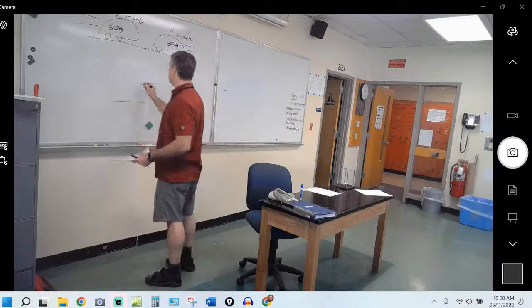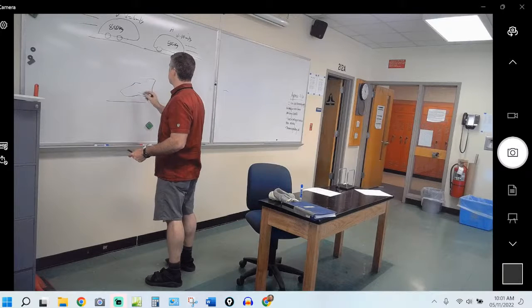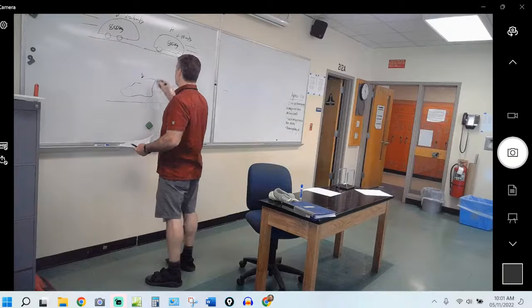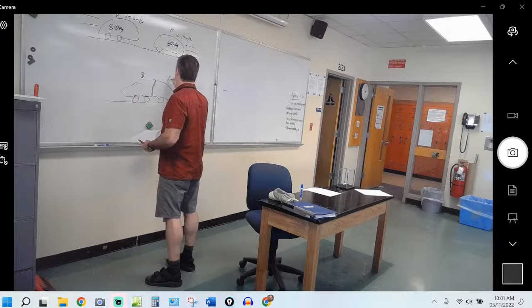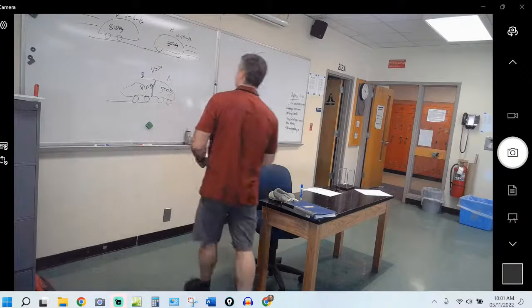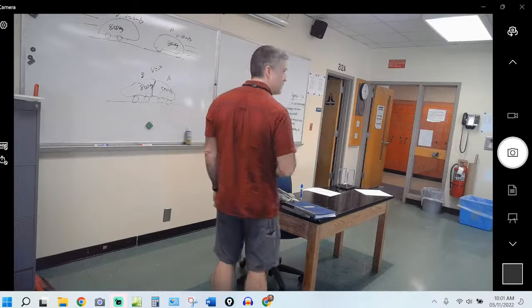And then they're going to stick together. So this is car B after the collision, and this is A after the collision, and they're all messed up. Still 500, it's still 800. And we're supposed to find the velocity. So how do I do this?